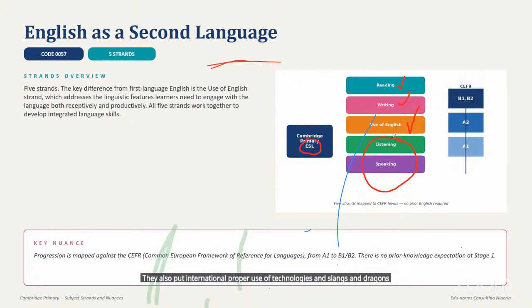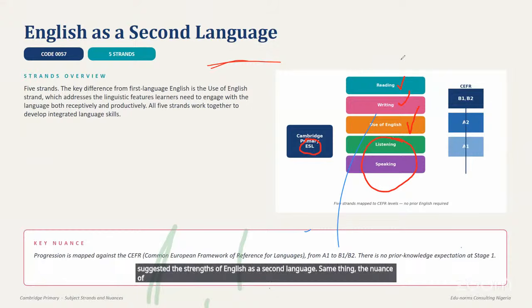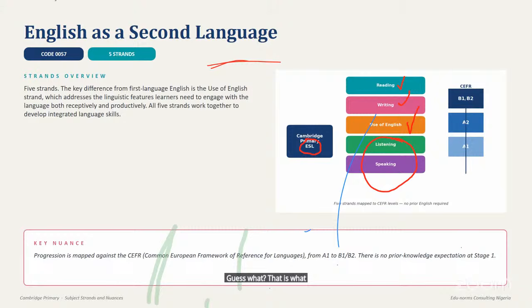So that is why the nuance of English as a second language suggested the strands of English as a second language. Same thing, the nuance of English as a first language is what suggested the strands of English as a first language.